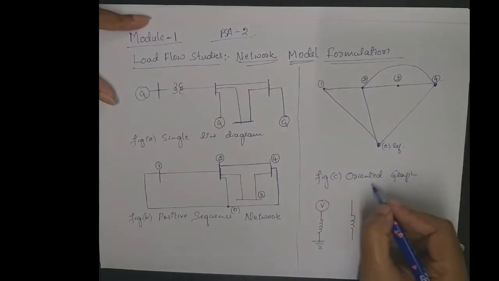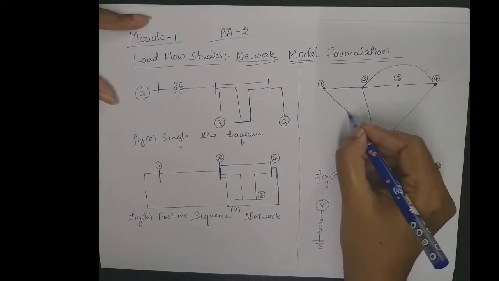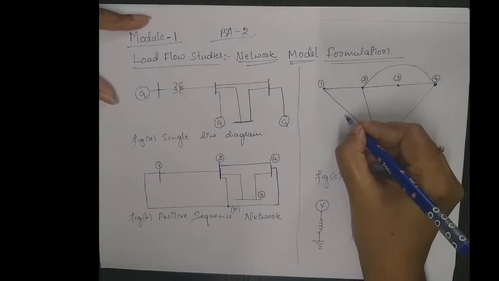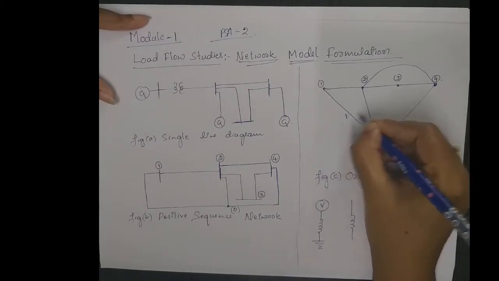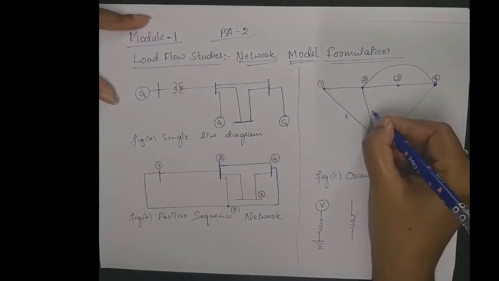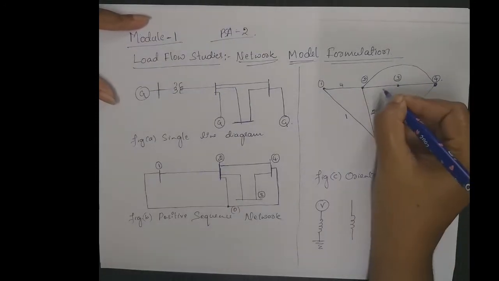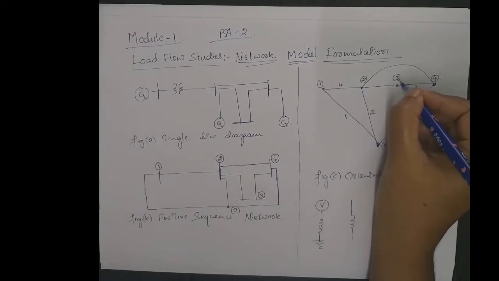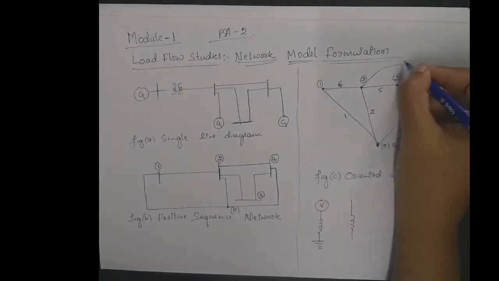In order to call it an oriented graph, we have to mention the direction. We have to give the direction to the elements. So let me number the elements. Let this be the first element. Take it randomly, no problem. Second element, third element, fourth element, fifth element, sixth element, seventh element.